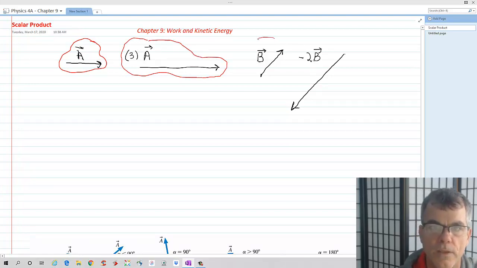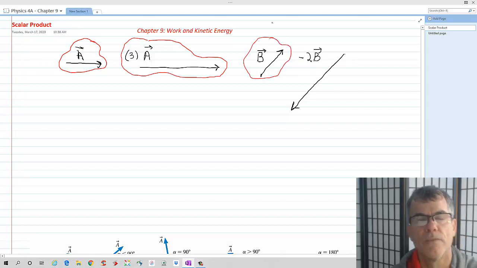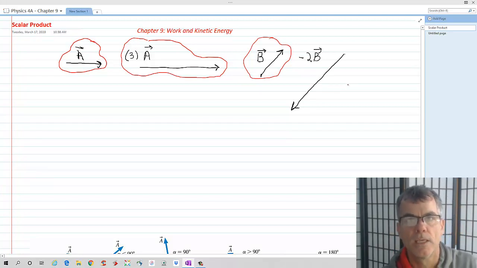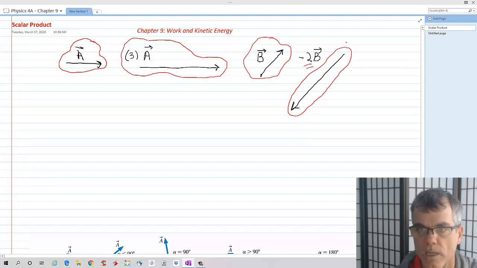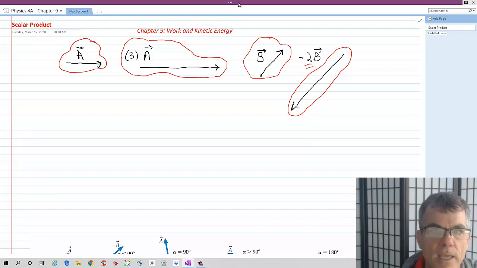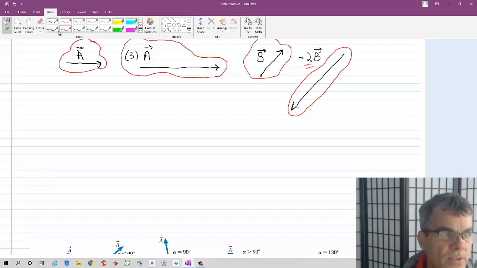Or if I have, let's say, vector B, again, it could be a force vector, displacement, whatever. If I multiply it by a negative number, like -2, keep in mind the negative of a vector, same length, opposite direction. But in this case, if I multiply it by -2, then it's going to have twice the length it did before, but exact opposite direction. Okay, so that's multiplying a vector by a scalar.